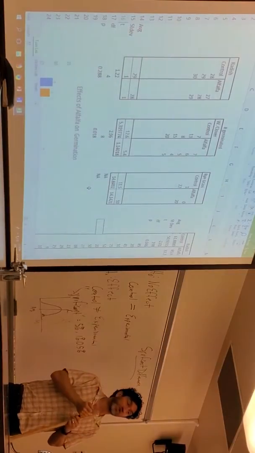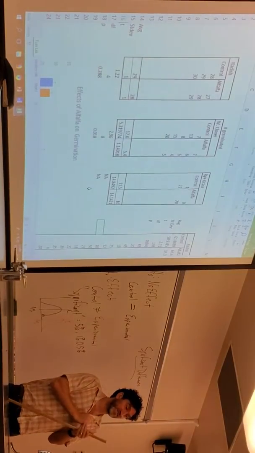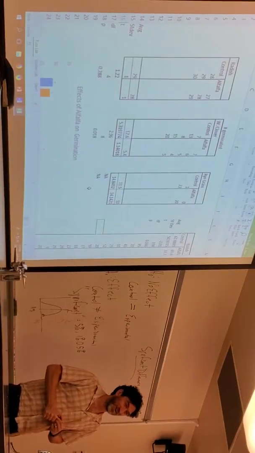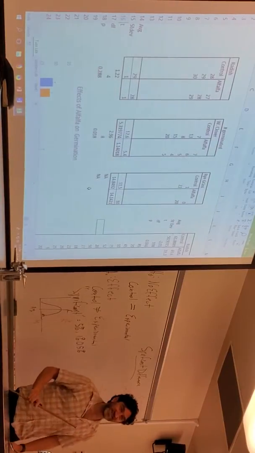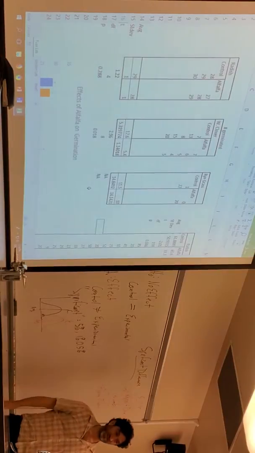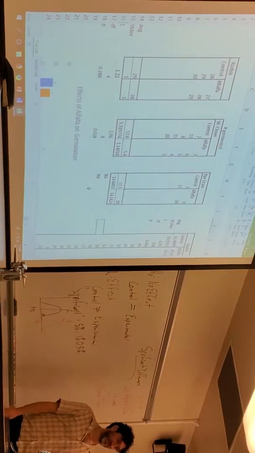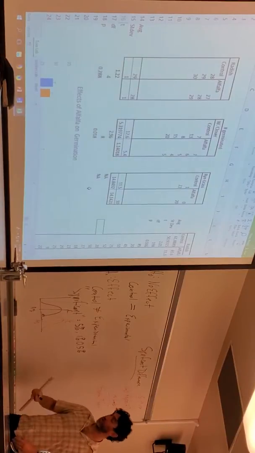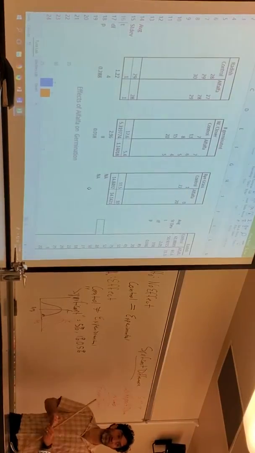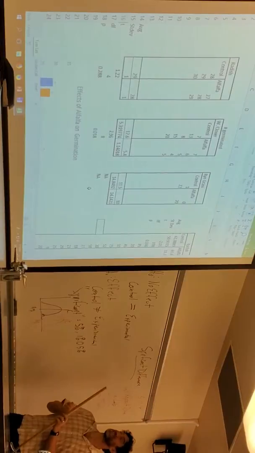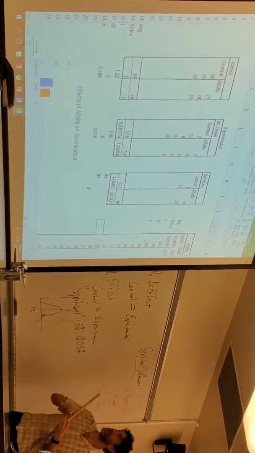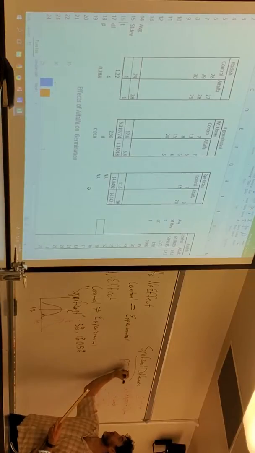So don't write that your data is significant. Data is always significant. It's your data. It's important, right? What you will write is there is a significant difference, or there was not a significant difference. And when you write this, you have to include your p-values. Whenever you make a statement about your analysis, be sure to include the p-value.